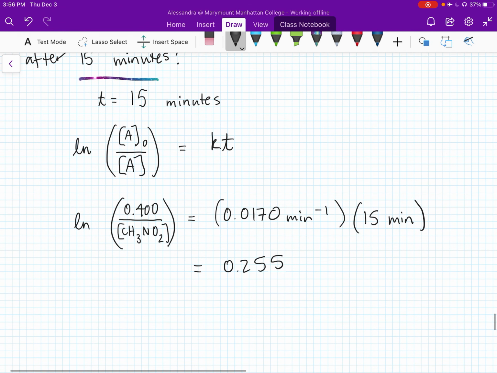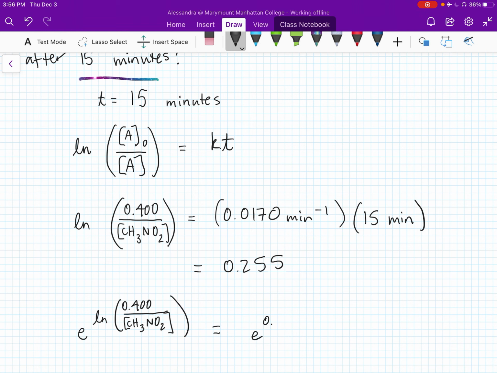Now, to get rid of the natural logs, I can raise e to the power of both sides. So e to the natural log of 0.4 over x, essentially, and x is CH3NO2, is going to be equal to e to the 0.255.